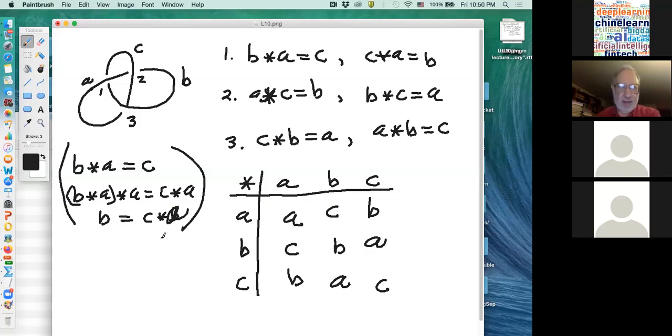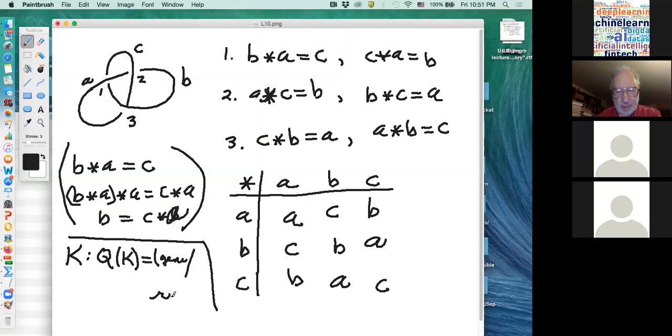And in general, we're going to take a knot, K, and define the quandle of that knot to be the one described by generators and relations. The generators are the arcs of the diagram, and the relations are the equations that occur at each crossing. And then you take the quandle that is the consequence of that.